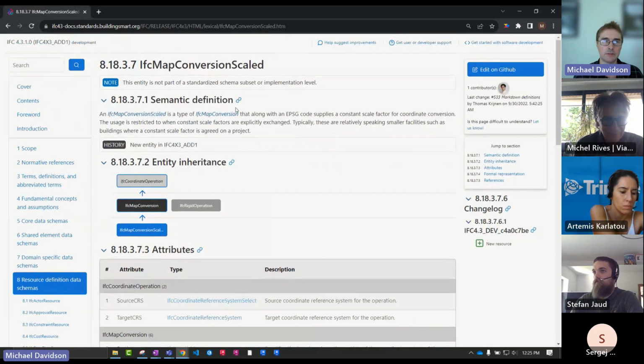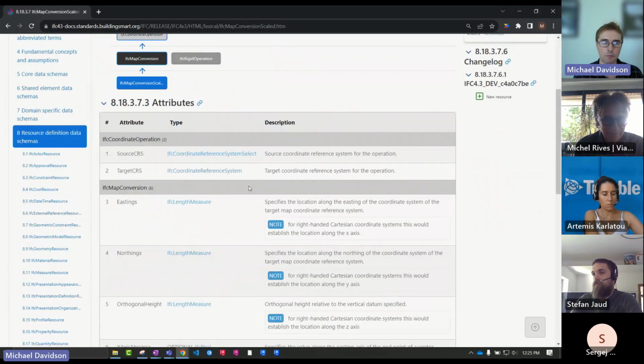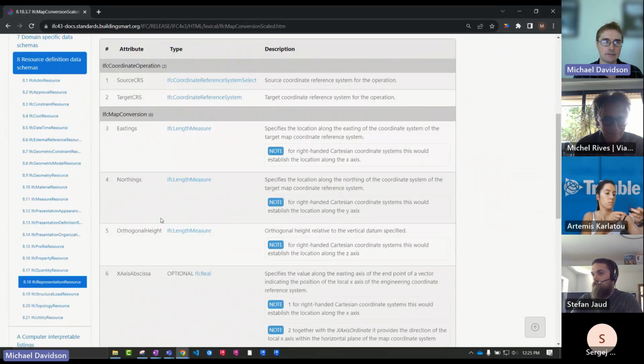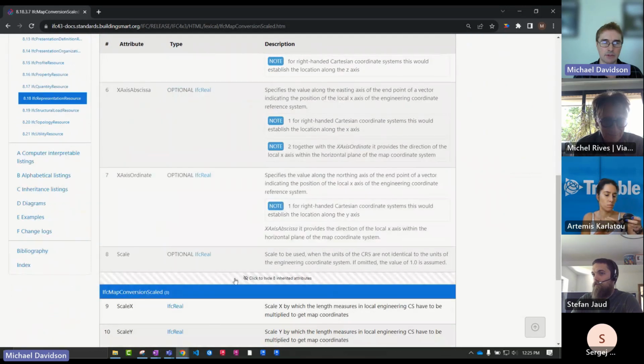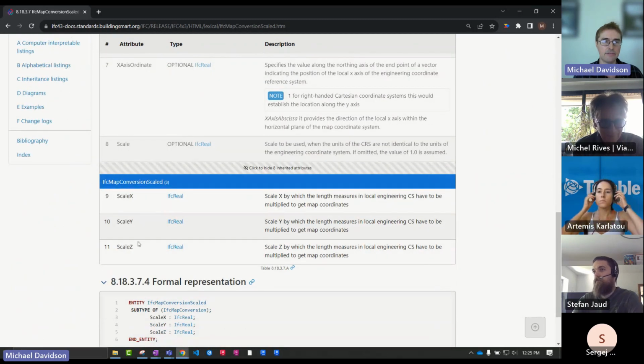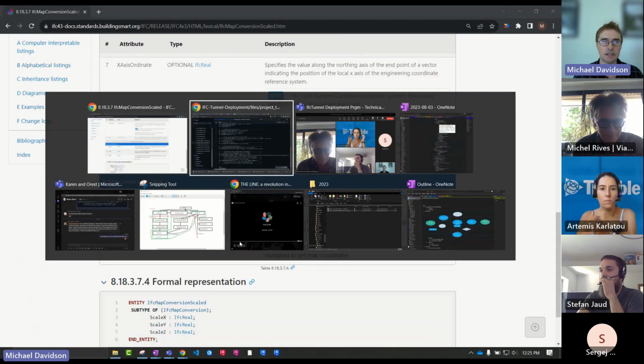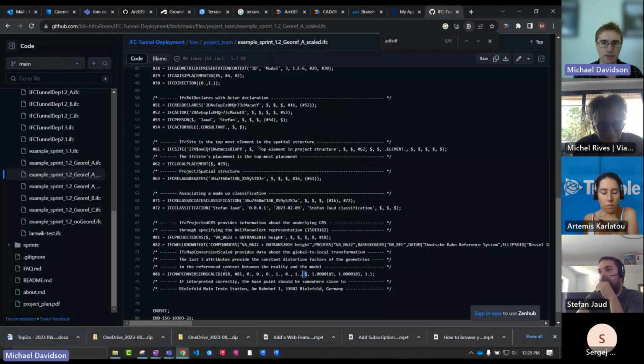But if I go look at the dev documentation, this is 4.3 add 1, I see that there are 8 inherited attributes, and then the 9th, 10th, and 11th are for the scale X, Y, and Z. But if I count up here, and maybe I'm just doing something silly, it seems like that would be our 8, and then that would be the X, Y, and Z scale factors. So I just wanted to ask, is that intentional, or are we missing something from our end?